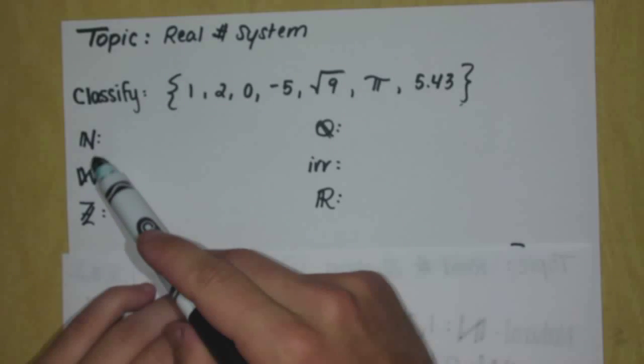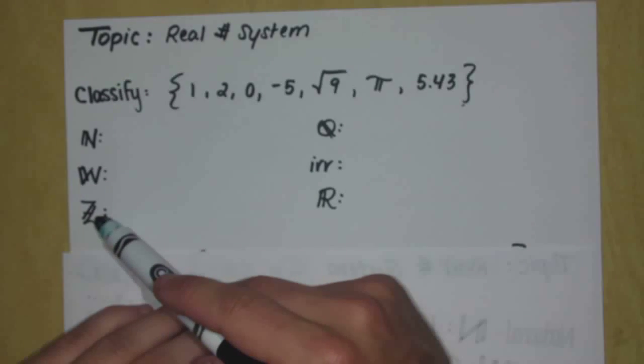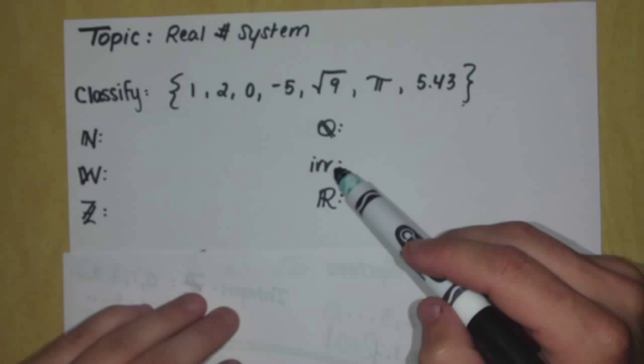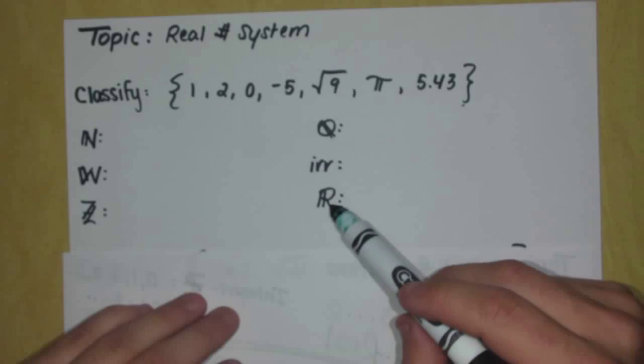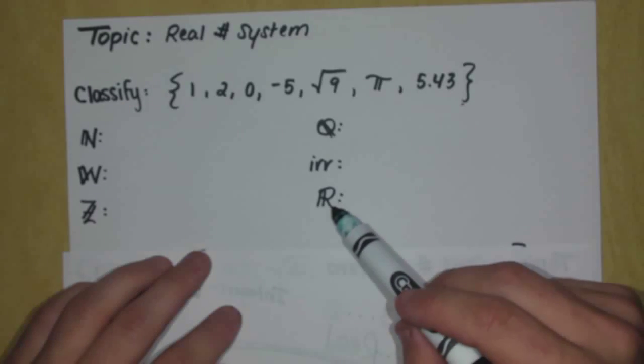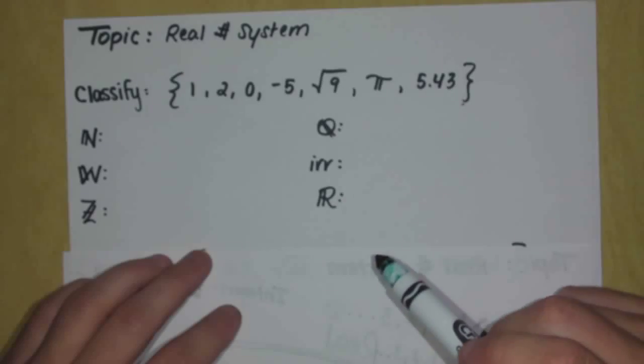Remember our fancy symbols: N for natural, W for whole, Z is integer, Q is rational, IRR, remember I said I'll represent that as irrational, and the one I didn't tell you about, the fancy R, that's the one you probably know about already. That stands for real numbers, or all real numbers.